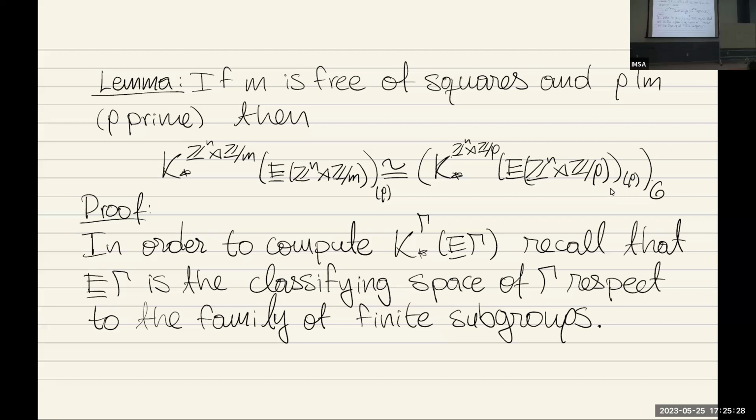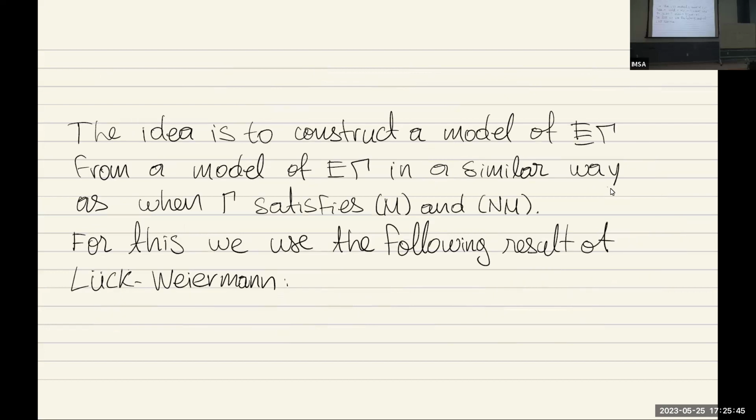The proof, in order to compute this: gamma is this group, Z^N semidirect with Z/M. We call E bar gamma the classifying space of gamma with respect to the family of finite subgroups. The idea is to construct a model of E bar gamma from a model of E gamma, in a similar way as when gamma satisfies the NM property.